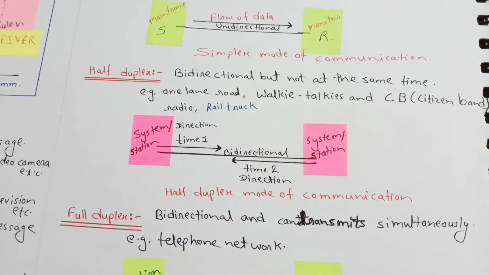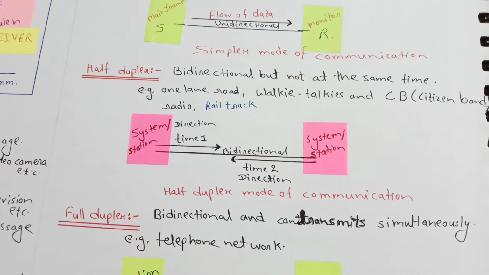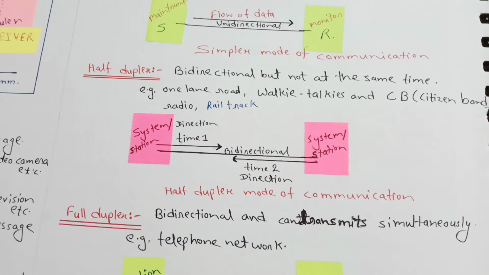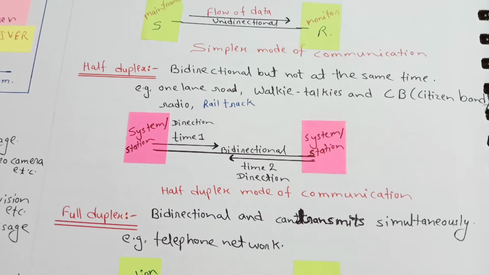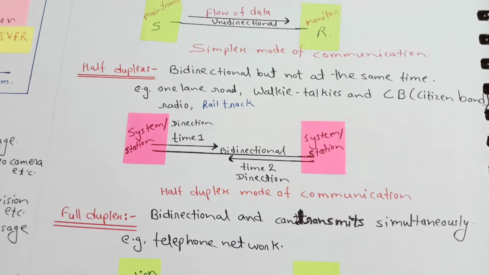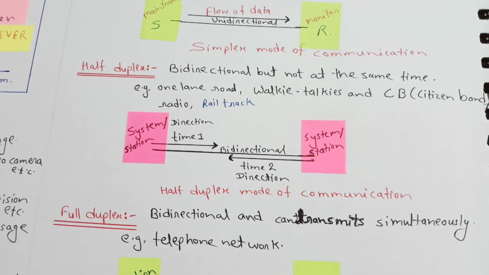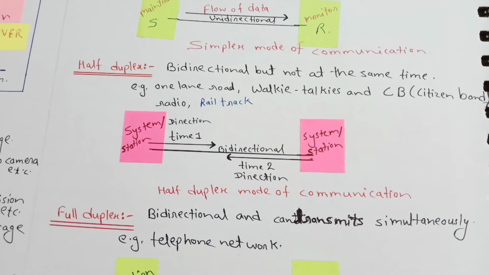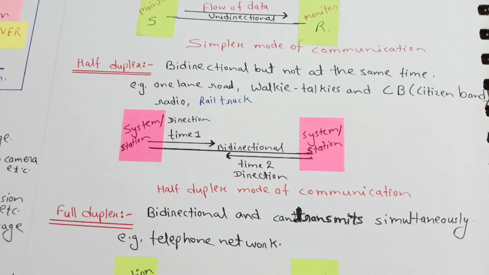And another example is walkie-talkie. In walkie-talkie you can see that the sender is sending the message, and at the last there is a key, or it is a rule to say over, and after saying over, the receiver can understand that his or her message is complete, and now the second person can send the data or message or information.